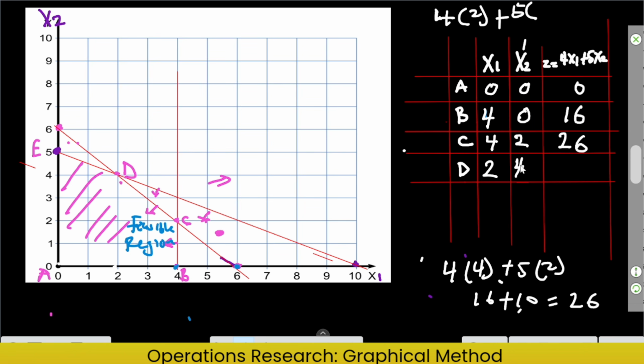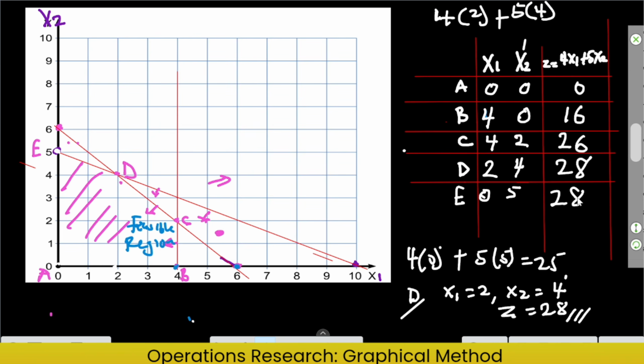And we know that the value of x2 is 4, right? 4 times 2 gives us a corresponding value of 8. And then 5 times 4, that will give us 20. So we'll get a corresponding value of 28. Sorry, the value here was actually 25 for C. Okay, thank you.